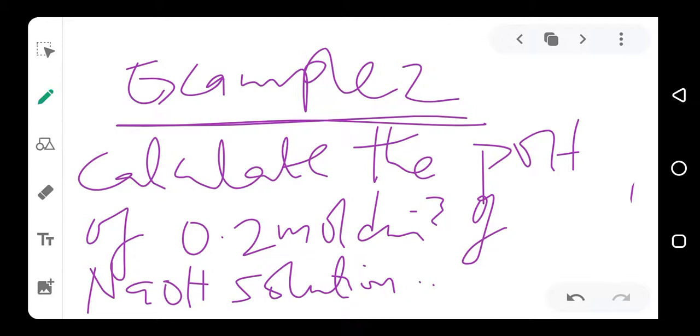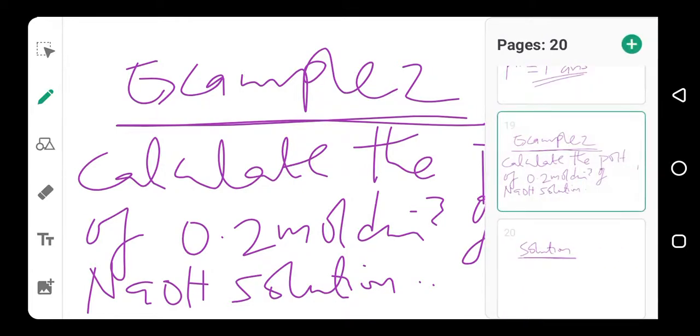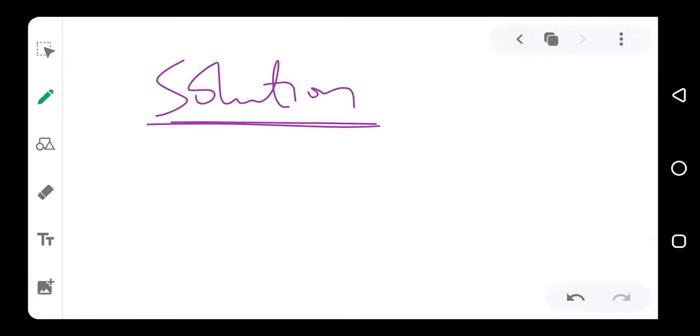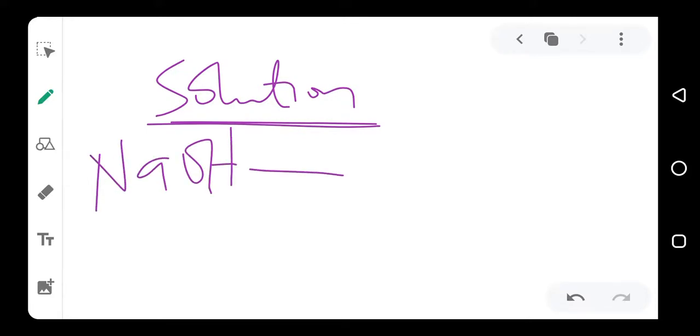If an acid is ionizing, it gives us hydrogen ion. But if it is a base that is ionizing, it gives us hydroxyl ion. So this one is a base, so we are expecting hydroxyl ion. So in solution, we have sodium hydroxide. This ionizes to give hydroxyl ion plus sodium.